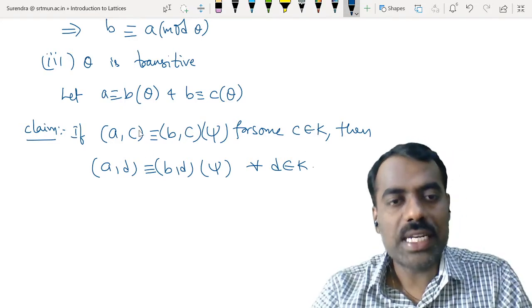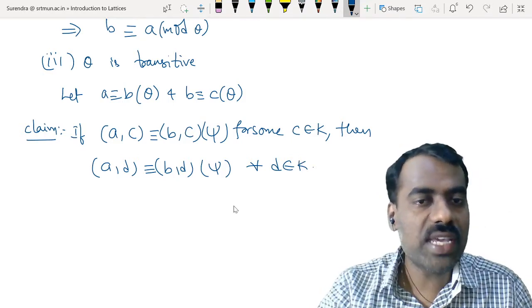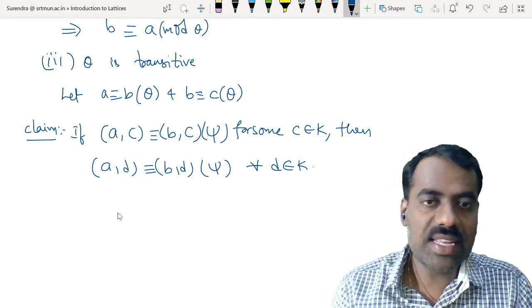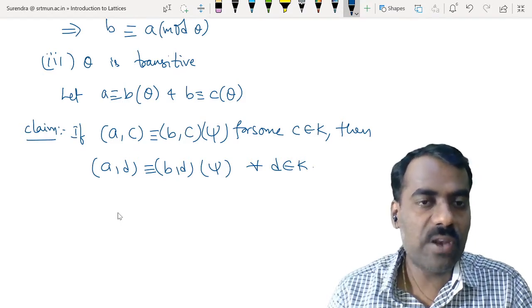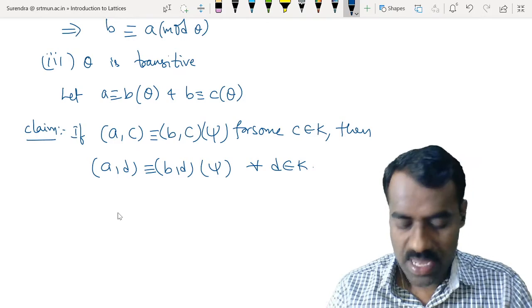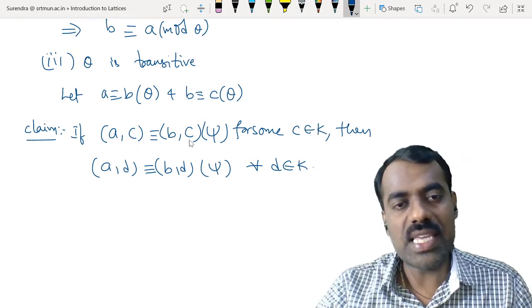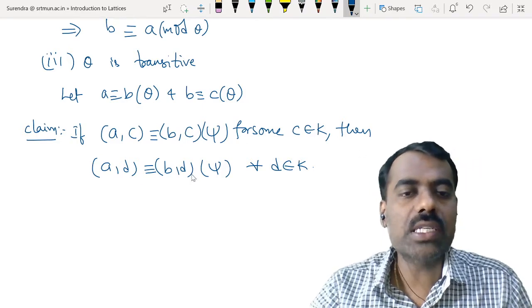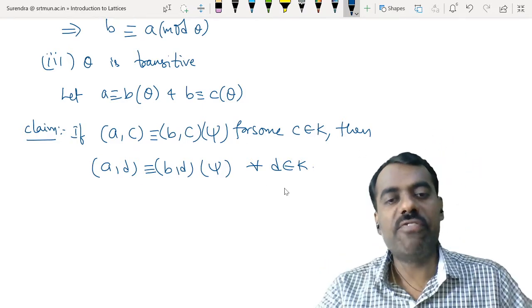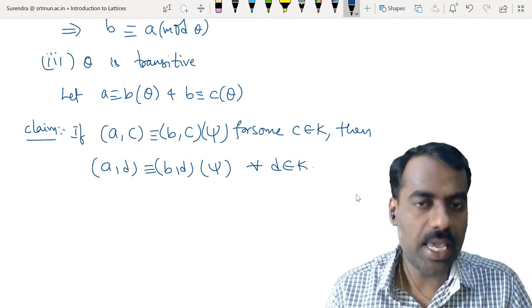So there is no point of some C, you can take any element we require. At that time we will go back here and take the same element for both relations. Are you following? This claim says that whenever A comma C is congruent to B comma C for some C, then A comma D is congruent to B comma D for every D in K. No matter what element we take from K, right?